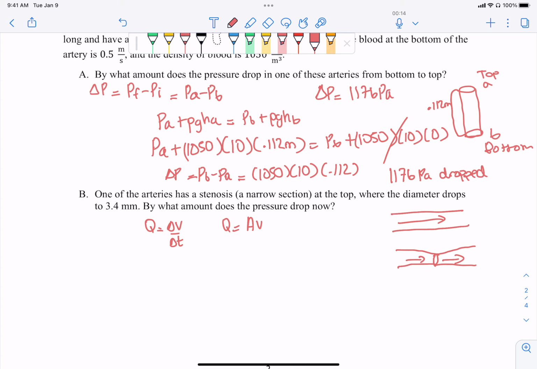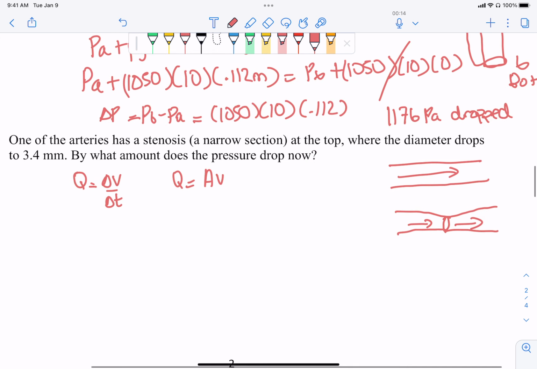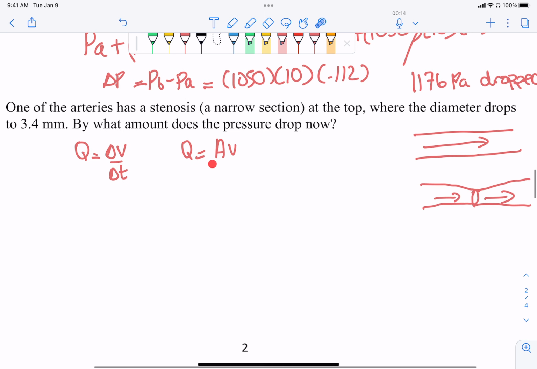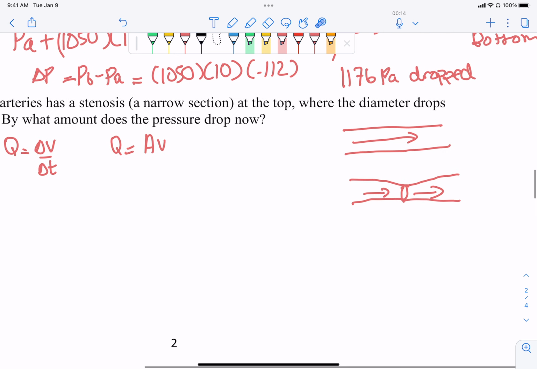Well, it starts to work harder, right? And that working harder can translate to, as people have said in the chat so far, that the velocity will change, right? So if I want to maintain a specific Q, and all of a sudden my area changed, like if the artery gets clogged up, so there's a smaller area to move through, well, I want to get the same amount of blood to all of my cells, right?